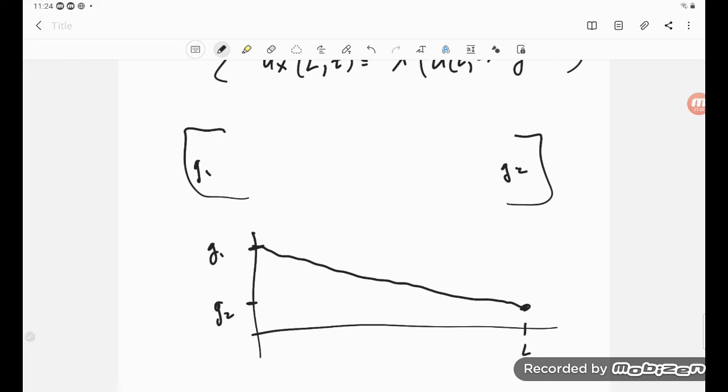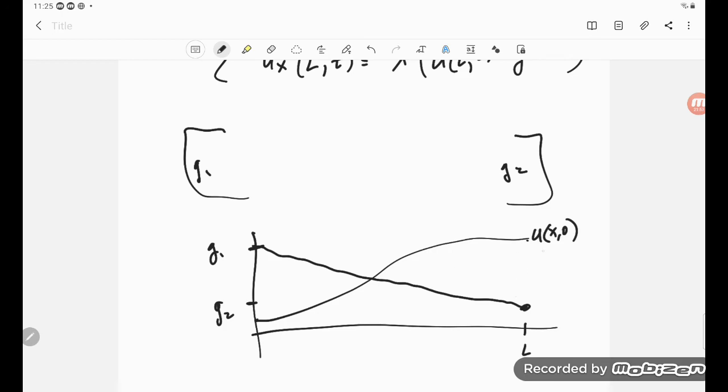But in this case, say we start with an initial condition of something like this. Here's u of x and 0. Then we wouldn't immediately expect this to drop here like we had done before, right?